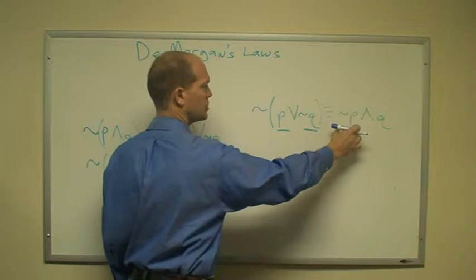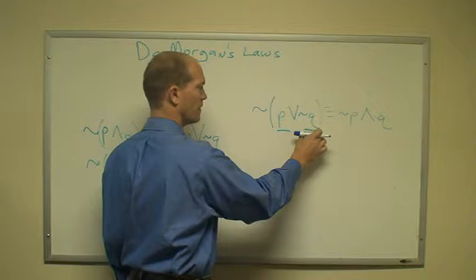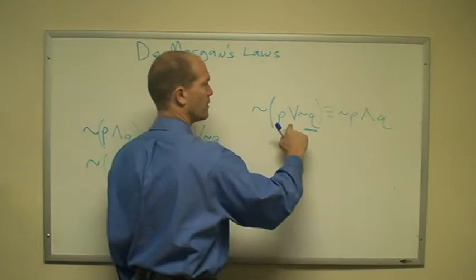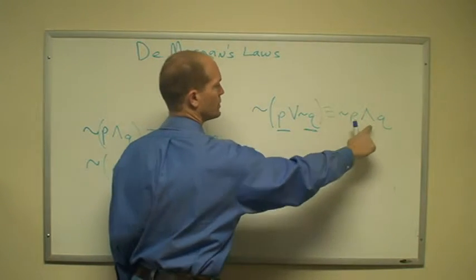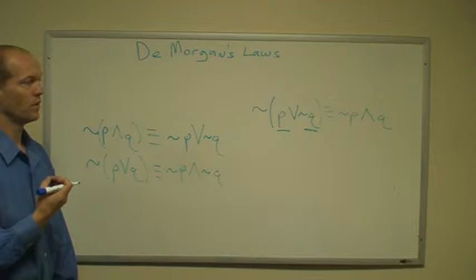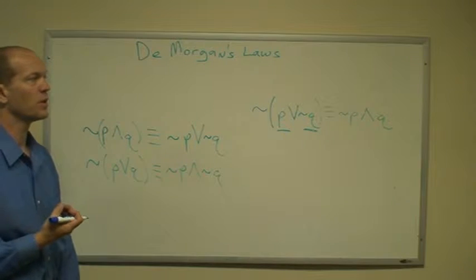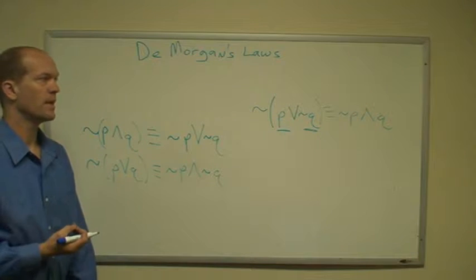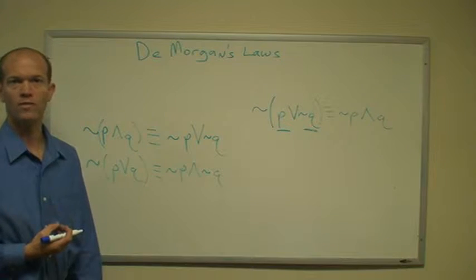The negation of P is not P. The negation of not Q is Q. And flipping the sign, this went from an or to an and. The rules with De Morgan's laws only apply to things with ands or ors. Alright, so there's one example, similar examples would follow along from that.